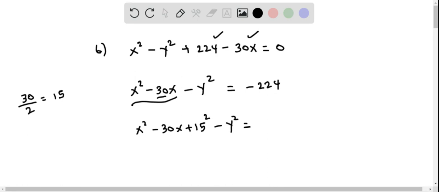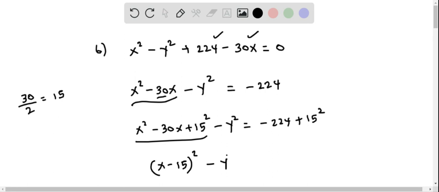We can add its square on both sides. So negative 224 plus 15 squared. And so we can write this as a square of binomial, that is x minus 15 quantity squared minus y squared, and this equals negative 224 plus 15 squared, which is 225. So 225 minus 224 is positive 1.